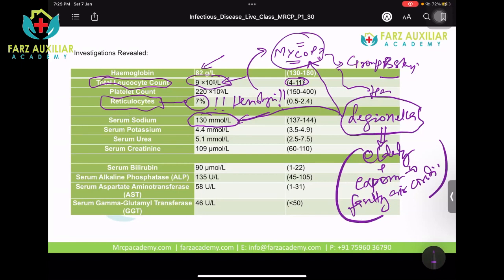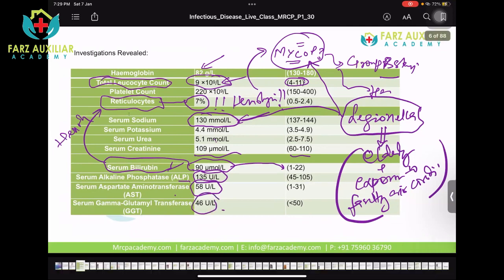The creatinine is 109, which is fairly okay. Urea is fine. Potassium is slightly on the higher side, 4.4. The bilirubin is 90. Oh my God, see, this patient has raised bilirubin. So hemolysis, hemolysis. Serum alkaline phosphatase is only mildly elevated, and AST is also mildly elevated. We are not concerned much. GGT is okay.